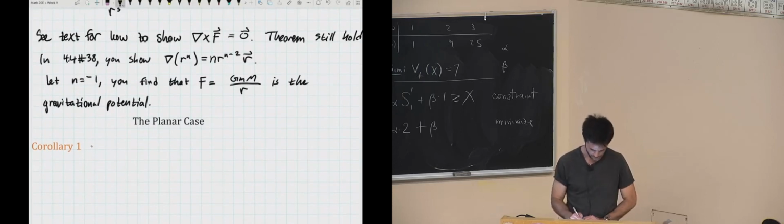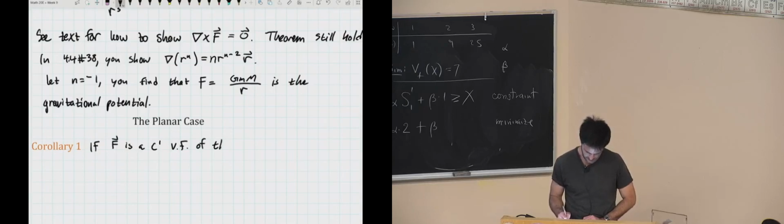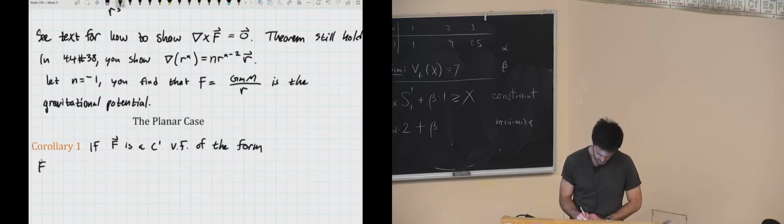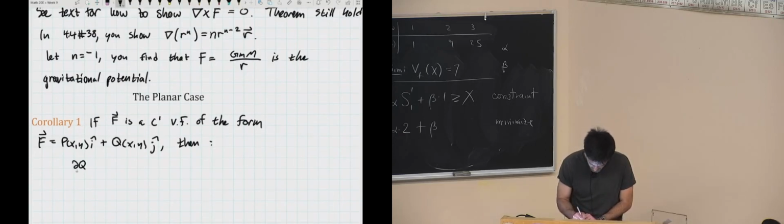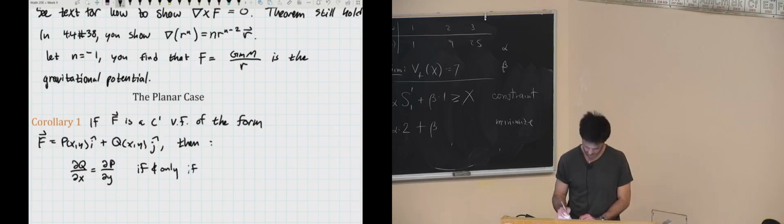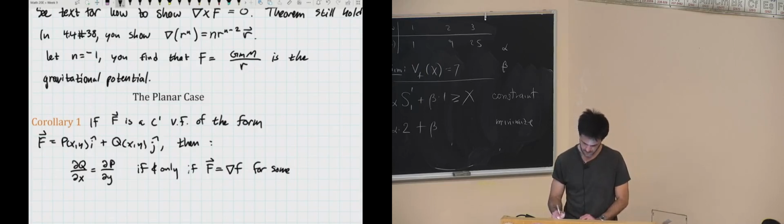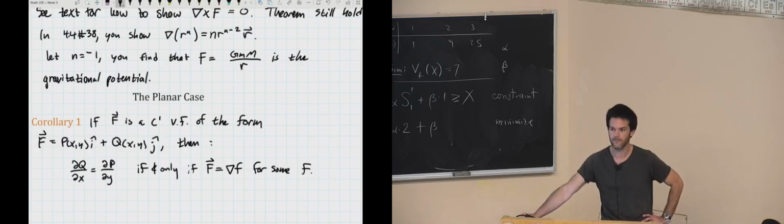So if F is a C1 vector field on the plane, of the form F is some function P of x and y times i hat and some other function Q of x and y times j hat, then we have the following: dQ/dx equals dP/dy if and only if F is a gradient.